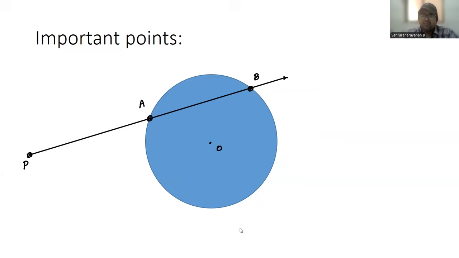In the same way, let me consider another secant here, again from the same point P. Let me consider it is cutting the circle at two distinct points here, C and D. Let me consider that this is the point D, and this is the point C. So I hope you can see PB and PD I am considering.